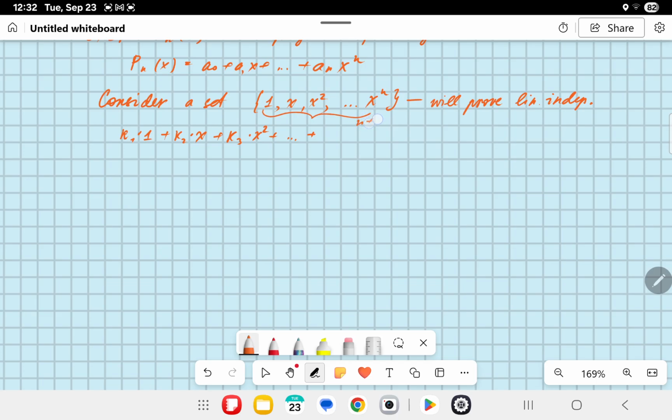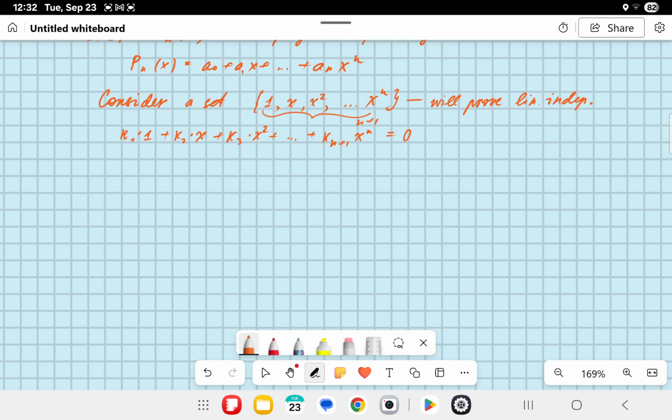We are going to have n plus 1 terms, so I'm going to have k n plus 1 times x to the power of n. So that's my linear combination. And 1, x, x squared and all are my vectors. I'm writing down vector 0 here, but this is actually just a normal 0, because for polynomials the vector 0 and the normal 0 are the same. So I'm just going to switch it to the normal 0. So basically, to prove that it's linearly independent, I need to show that there is only a trivial solution to this. So the only way to satisfy this is to make all the coefficients equal to 0.